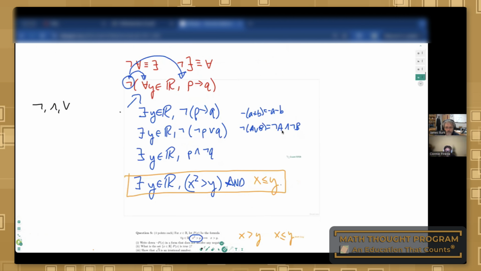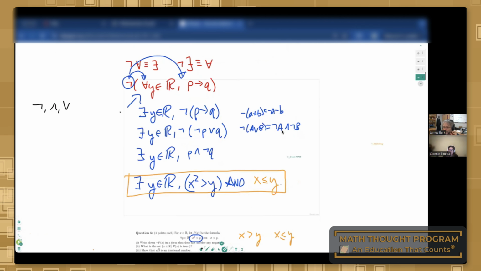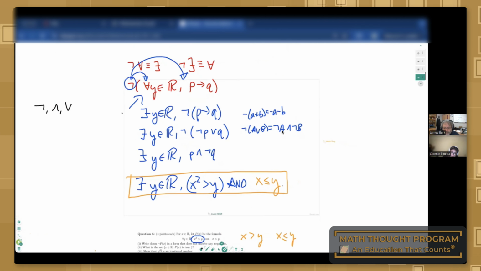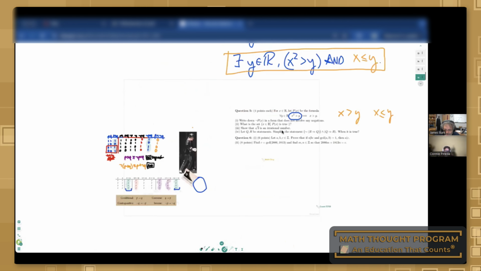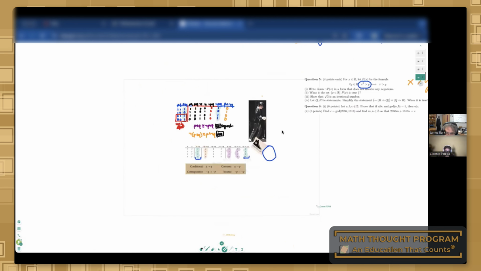I'm a little confused with the second line. How did we come up with that? Good question. Let's go back to the truth table.